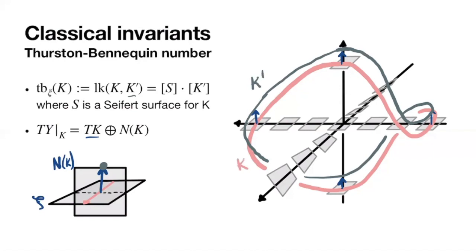This pink one is the Legendrian knot that I started with, and the Thurston-Bennequin number of K is the linking number with this push off, and in this example, you get a -1 there. So that's the Thurston-Bennequin number. It's just a linking number between K and this push off K prime.